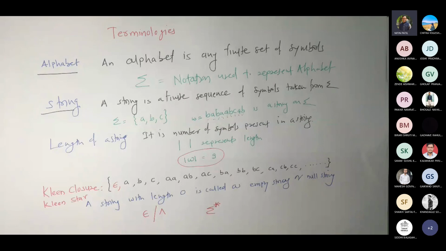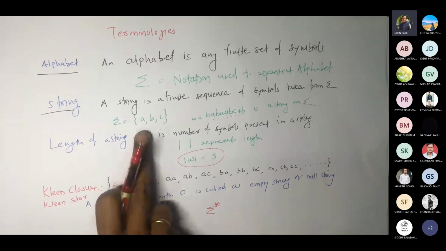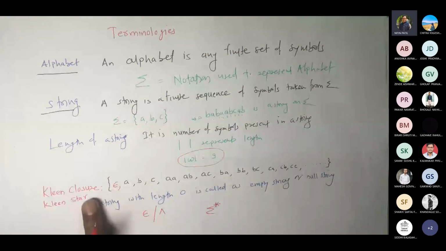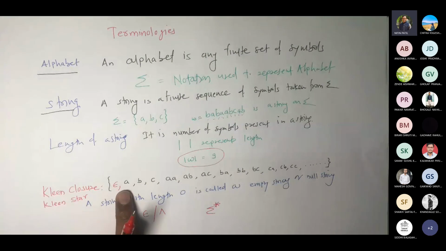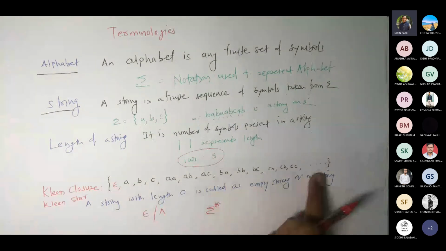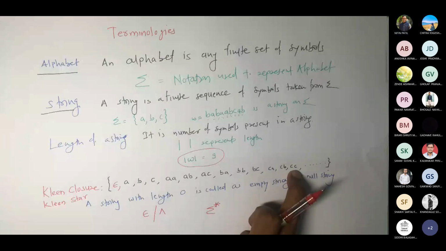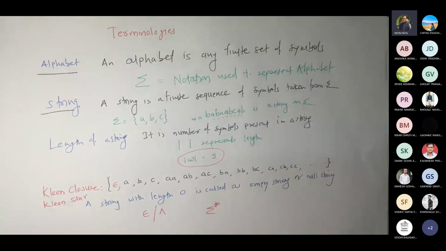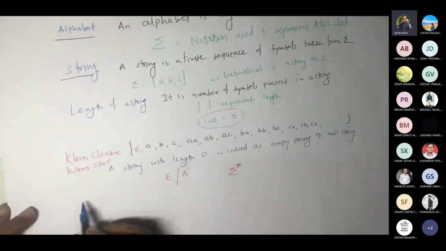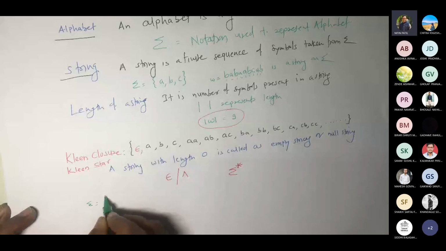It is represented as sigma star. So whenever my sigma is A, B, C, my sigma star would be like this: epsilon, A, B, C, and so on. Though I wrote only up to length 2, you can write more than this.